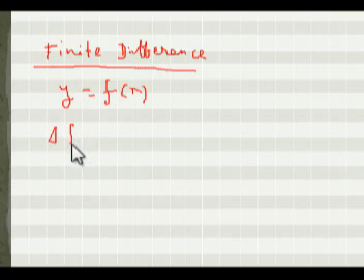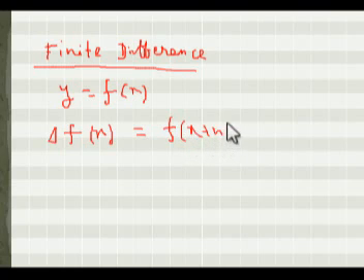Del of f(x) is f(x plus h) minus f(x), where h is the step length. So del is the forward difference operator with step length h.